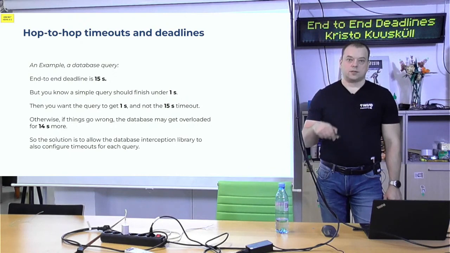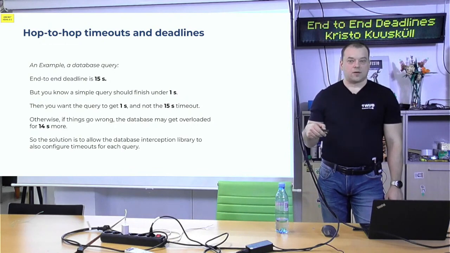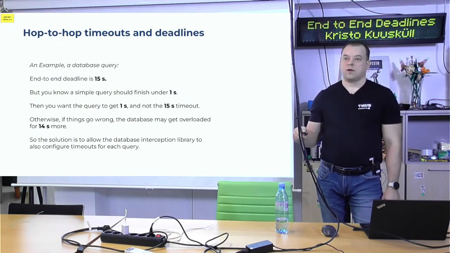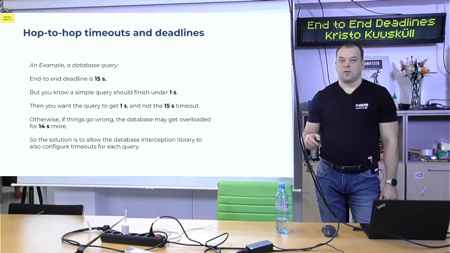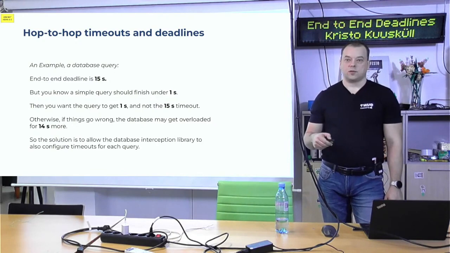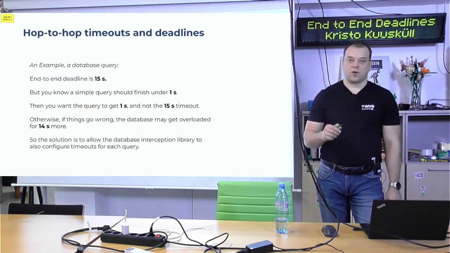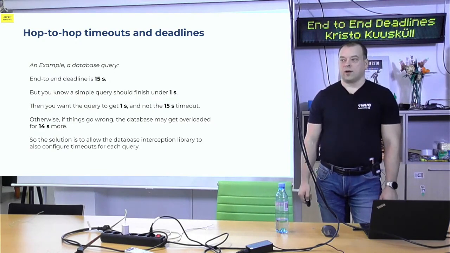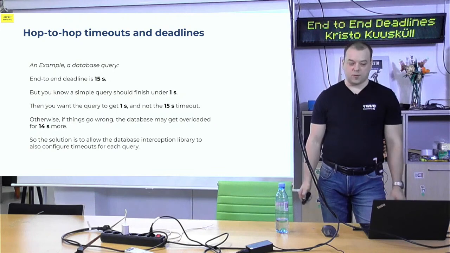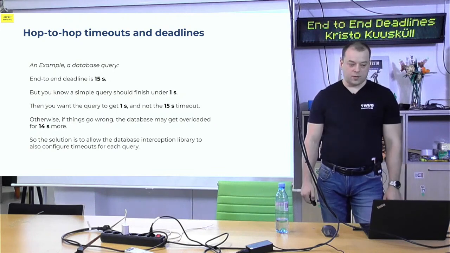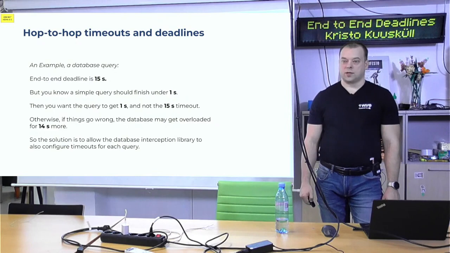For example, if you have an estimator service and a rate service in that call chain, and you know that the rate service will always answer in something like 100 milliseconds, you again want, for resource protection, small timeouts there as well, maybe 200 or 300. What we use is the 99th percentile of historical data, peaks multiplied by 2 or whatever formula you use, but you want it much lower than 15 seconds.